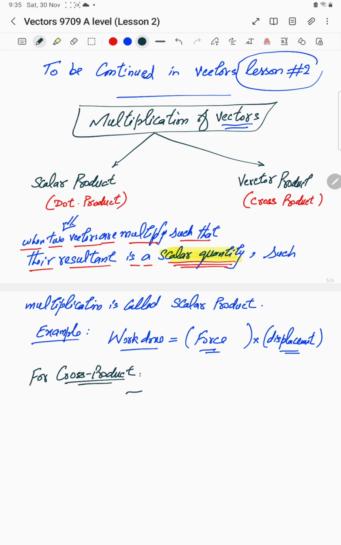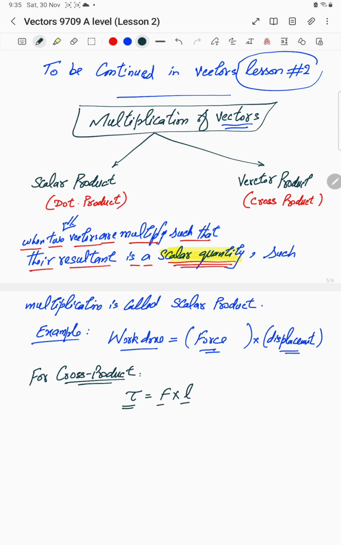We can take the example of a torque. F times L, the moment arm. Torque is a vector quantity. The force times the moment arm, which is the directed distance from the line of action to the pivot point. That is directed distance, so it is a vector quantity as well. This is a vector quantity, and the result is a vector quantity.